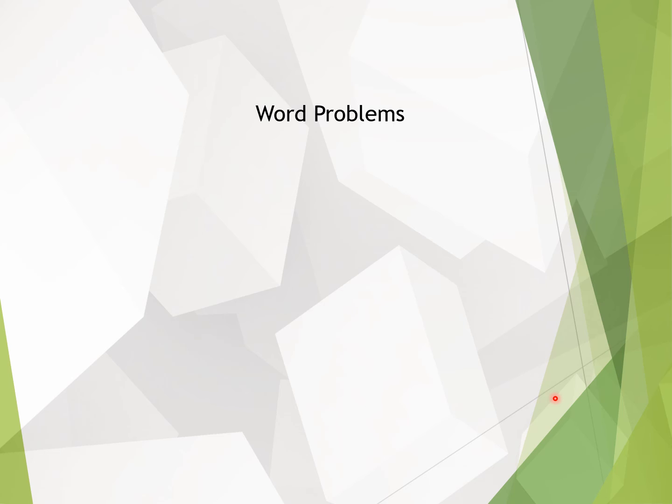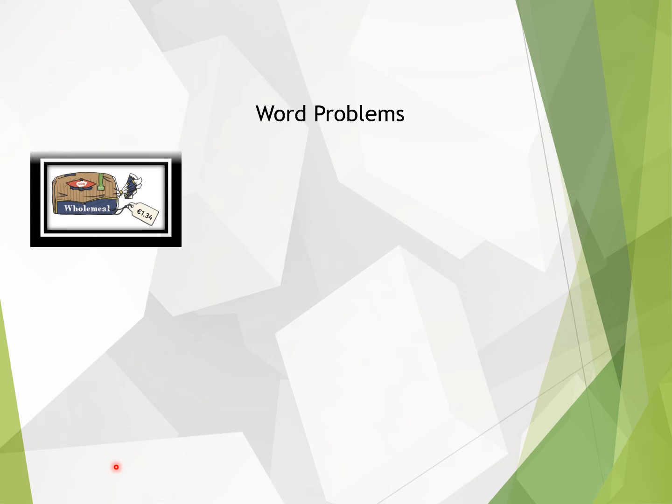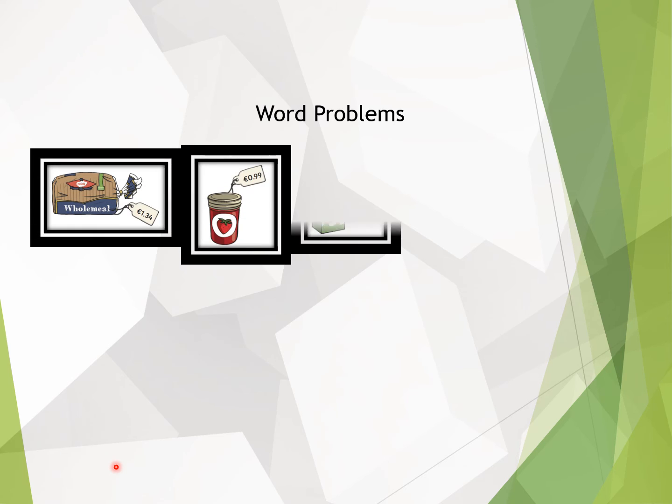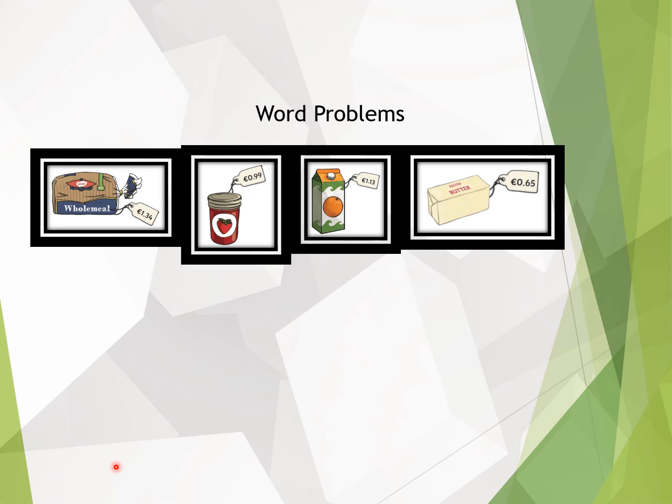We will solve a few word problems here. For solving word problems, we need to read and analyze the word problems carefully. Here I have 4 products and the word problems are based on these 4 products.